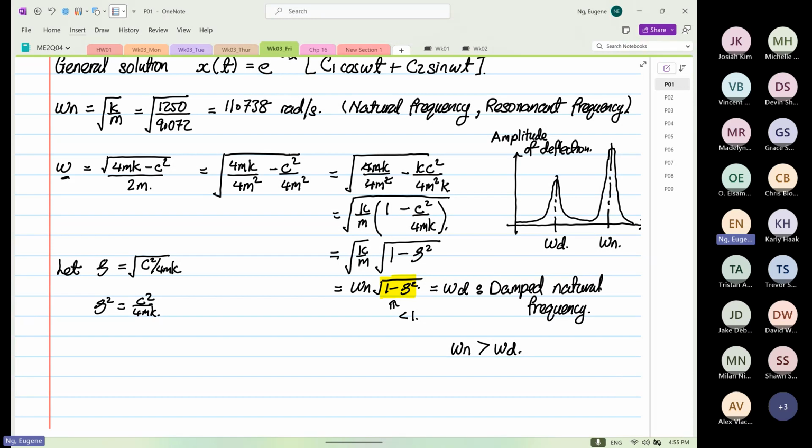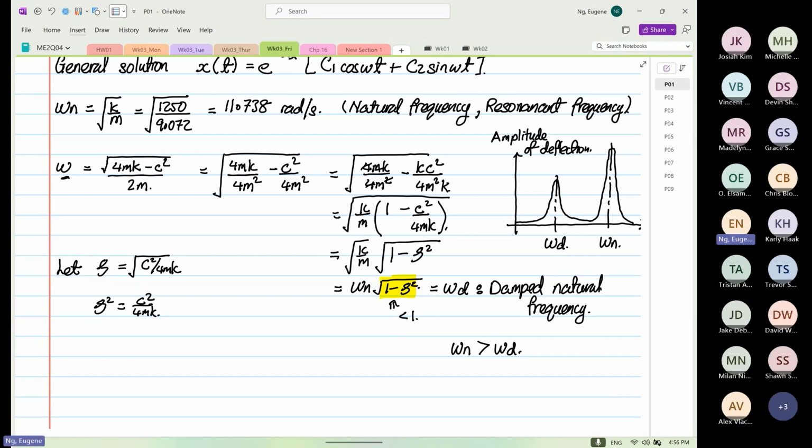can someone explain to me why the amplitude of omega d is lower than omega n? We know the frequency. Yes. Energy being absorbed or energy being dissipated. Yeah. Bang on. Okay.